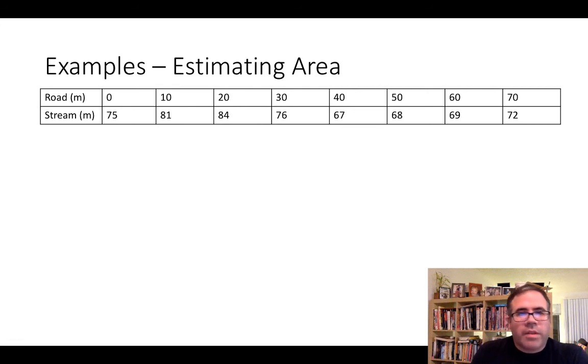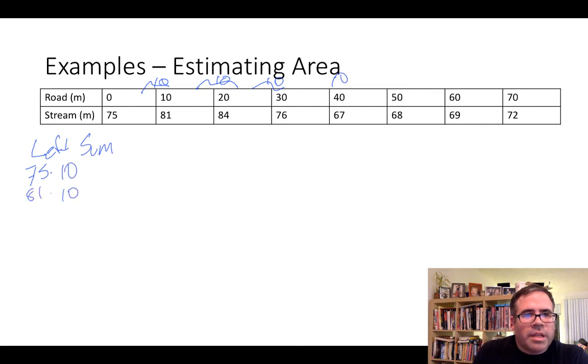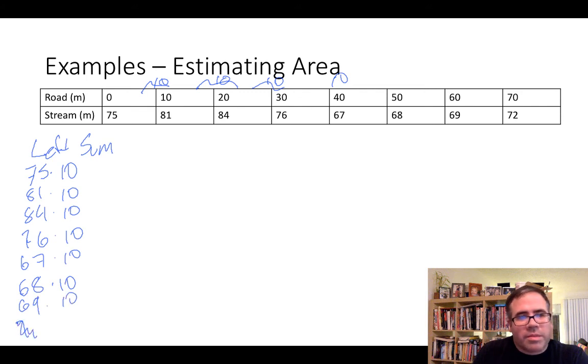So for our left sum, we look through and make sure we check all of our intervals, and they're all 10, which makes things a lot nicer. So for our left sum, it's going to be 75 times 10, and then 81 times 10, and 84 times 10, and 76 times 10, and 67 times 10, and 68 times 10, and 69 times 10, and not the last one because we're at the end.